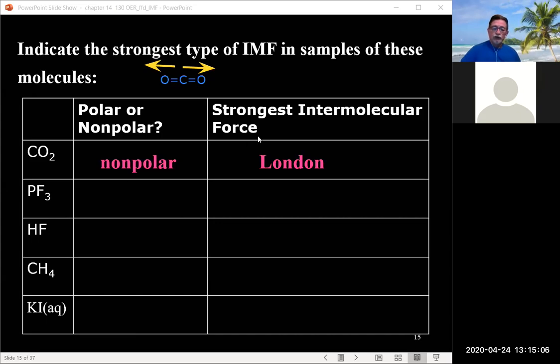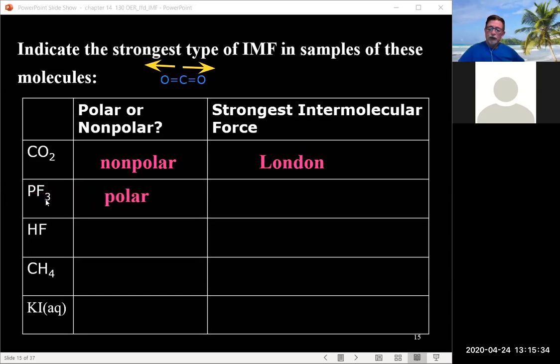Okay. If you look at the next one, PF3, the central atom is phosphorus, group 5. If you do the Lewis dot structure, you're going to end up with a lone pair of electrons on phosphorus, which tells you automatically, I got a polar molecule.